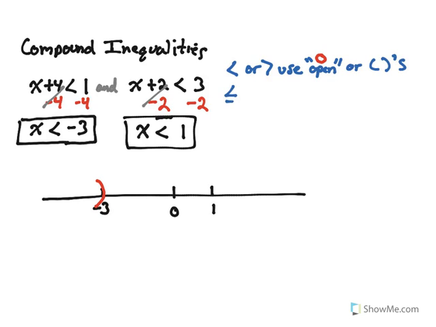And if we have less than or equal to, with the line under it, then we can use what we call closed circles or brackets. Closed circles means it's shaded in. So let me do both here, so that way you can see it and you can compare it.